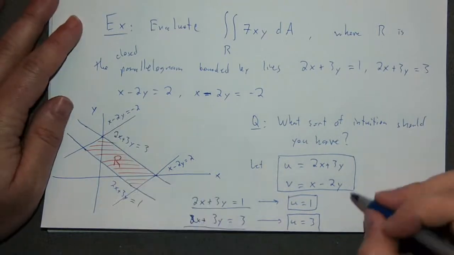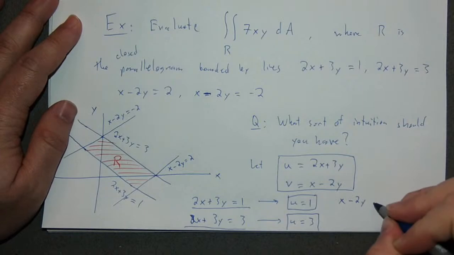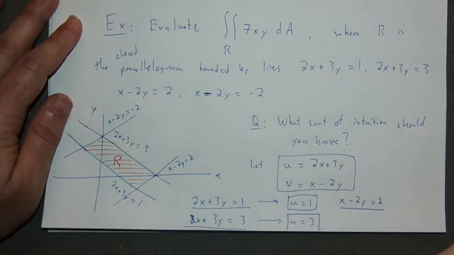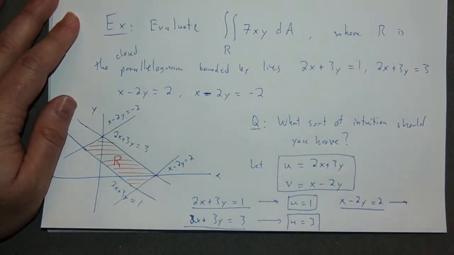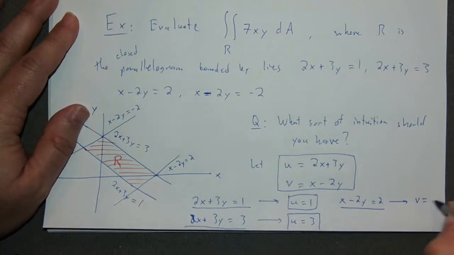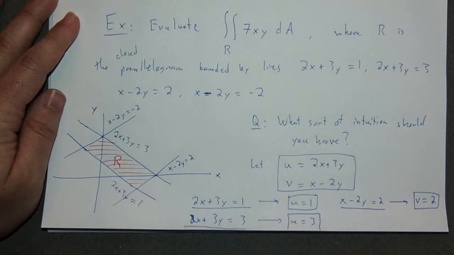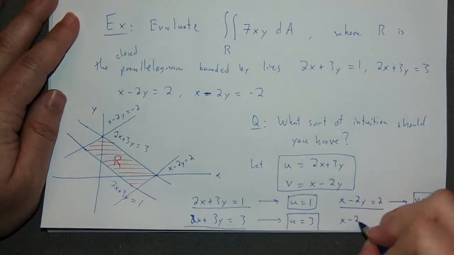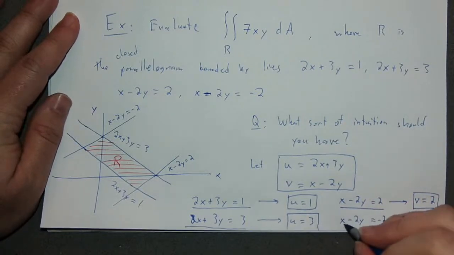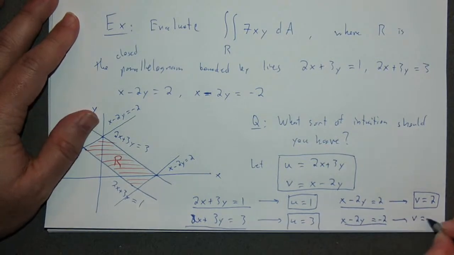The last two pieces, x minus 2y is equal to 2. What does that become? That becomes v is equal to 2. And x minus 2y is equal to minus 2 becomes v is equal to minus 2.